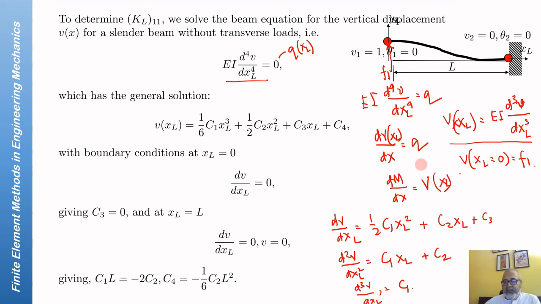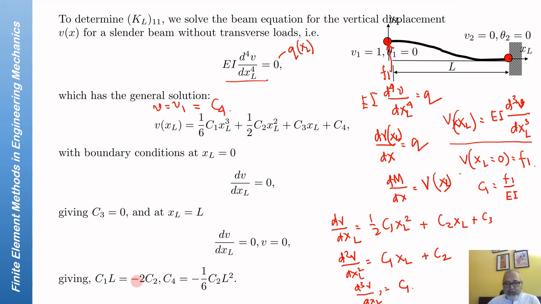So at xL equal to 0, C1 is equal to F1 by EI. At xL equal to 0, v is equal to V1, which is in turn equal to C4.